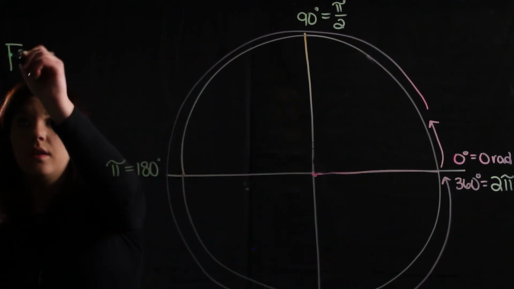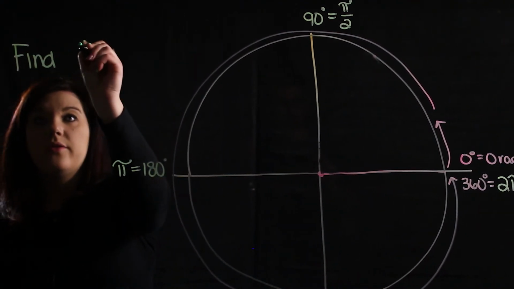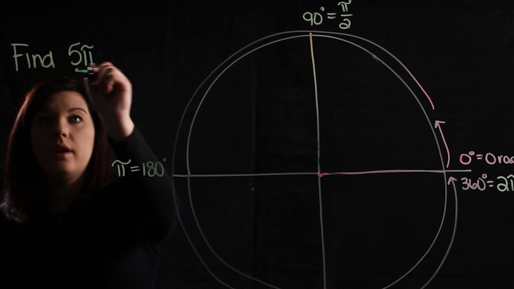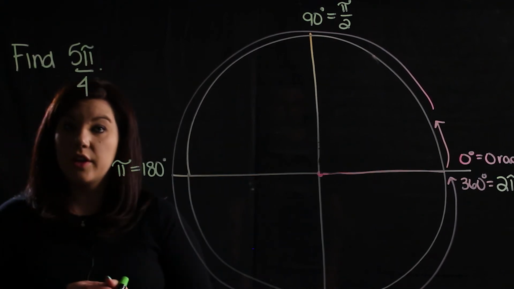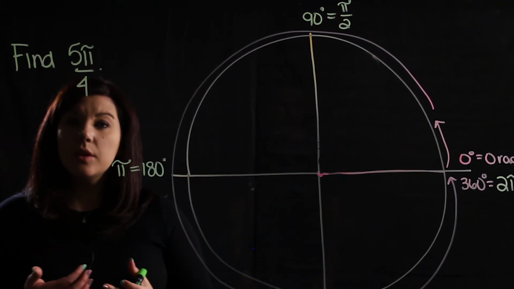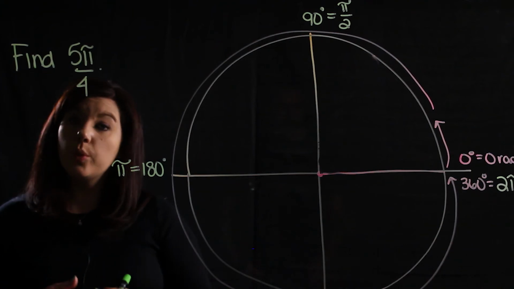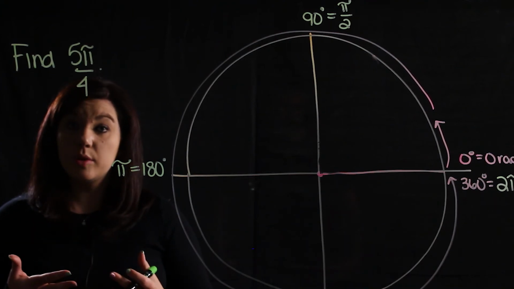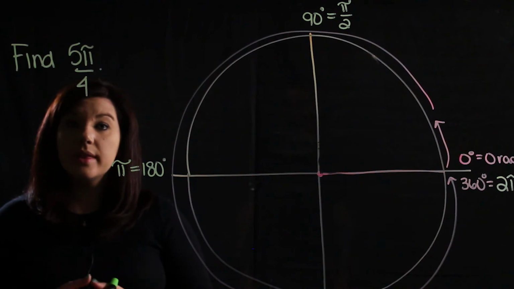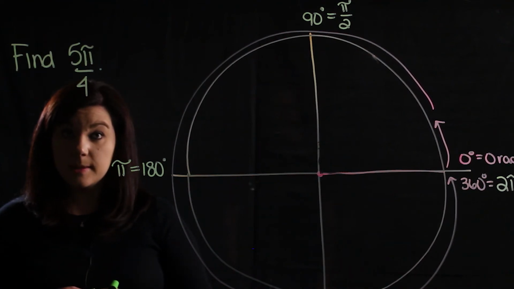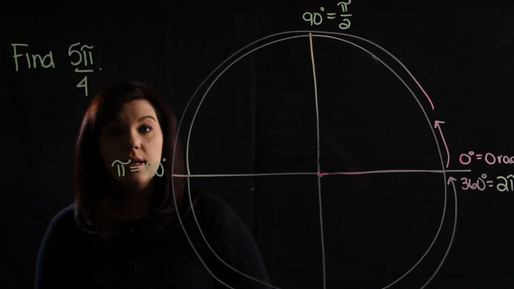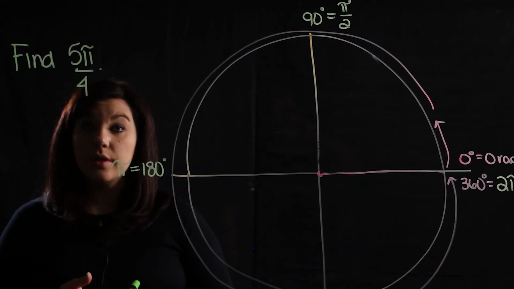Now let's find where 5 pi over 4 would be on the graph. Again, we'll think about it in a couple of ways so that hopefully you can find a way that makes the most sense to you. Let's start with thinking about it in terms of fractions. 5/4. Now that's a fraction larger than 1.